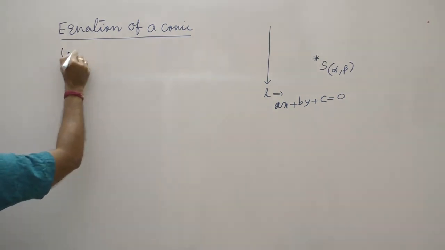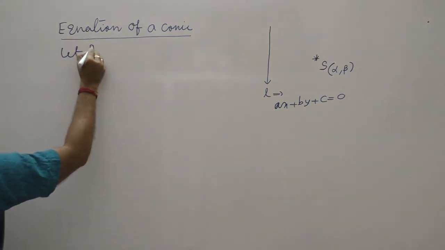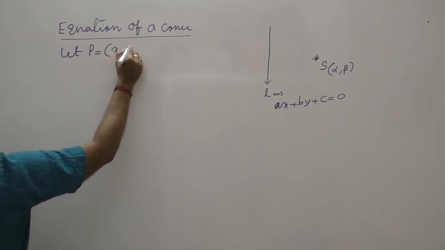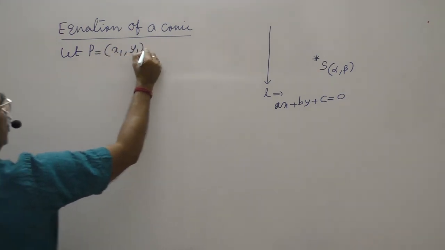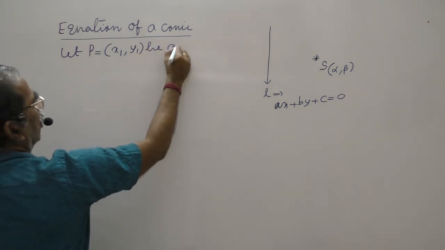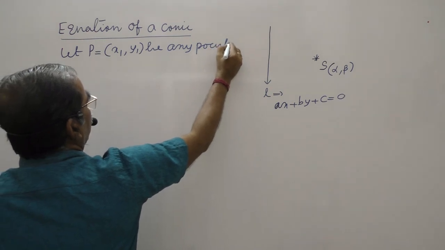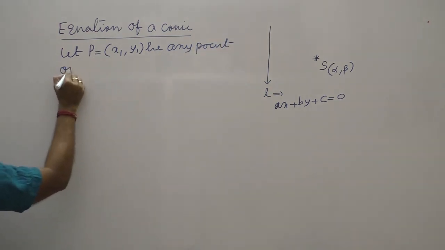According to the definition, conic is a locus. Therefore, I will take a point capital P (x1, y1) to be any point on the conic.